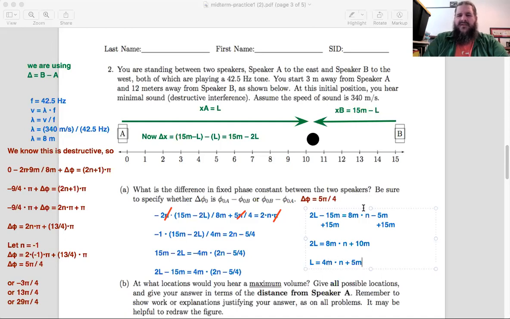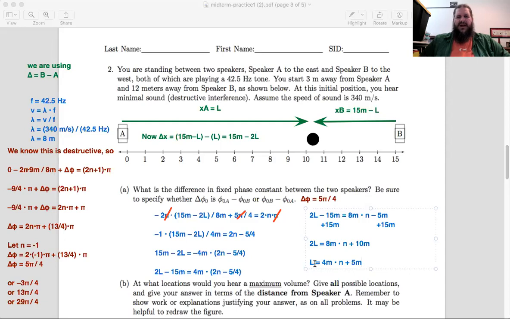In this case, though, we can't just look at finding the smallest value for L, because we want to find all the locations where you hear a maximum volume. So that means we want to look at all possible n values. Of course, there's infinitely many n values, but we just need results that are in what range?